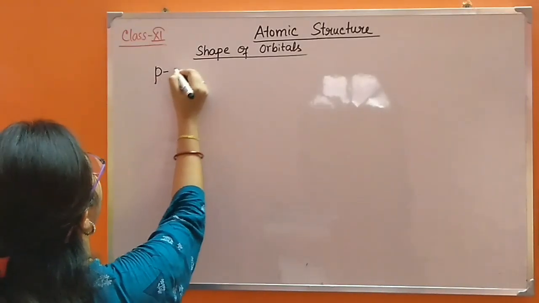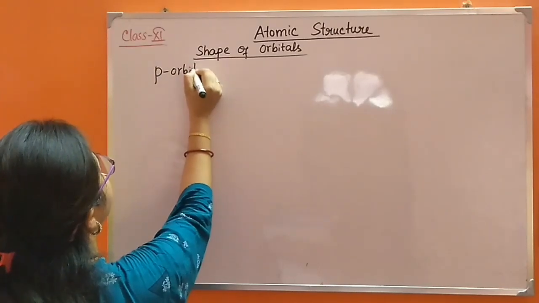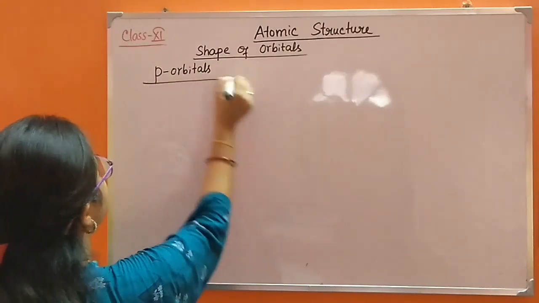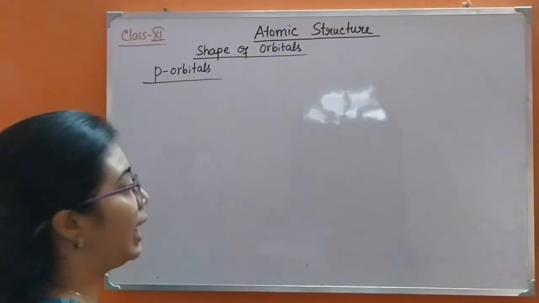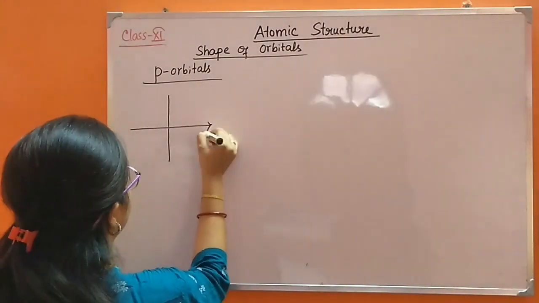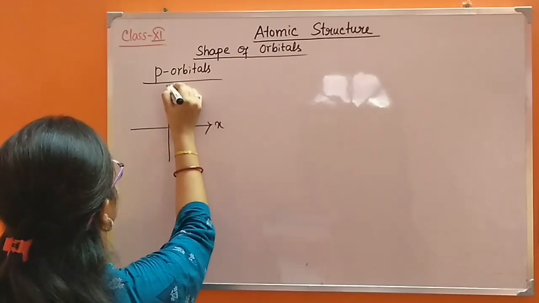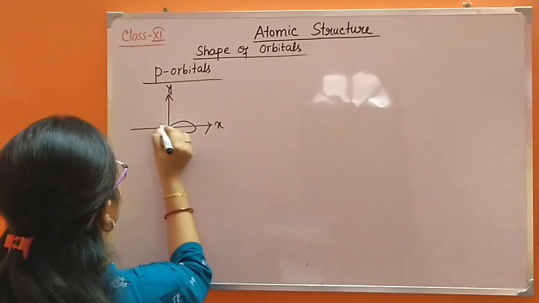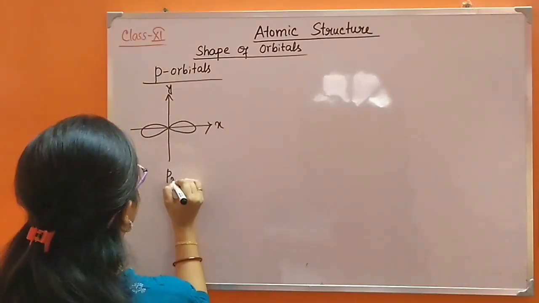Now, shape of p orbitals. There are three p orbitals, px, py and pz. This is for px orbital.